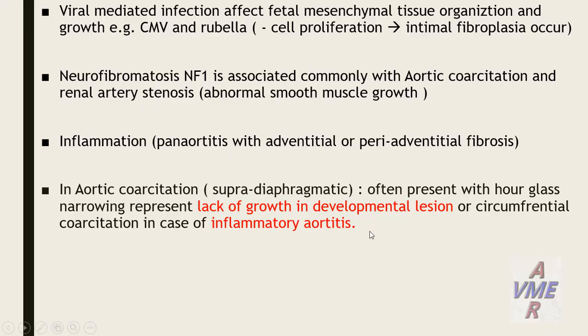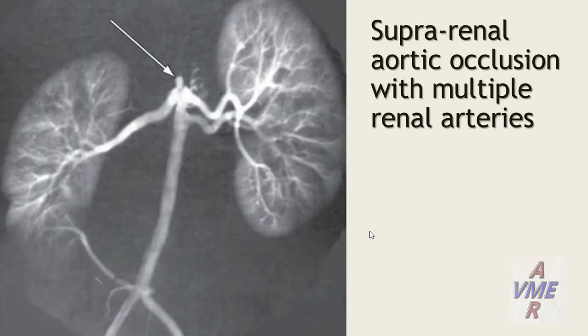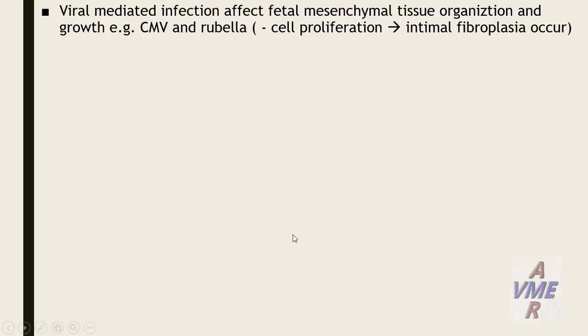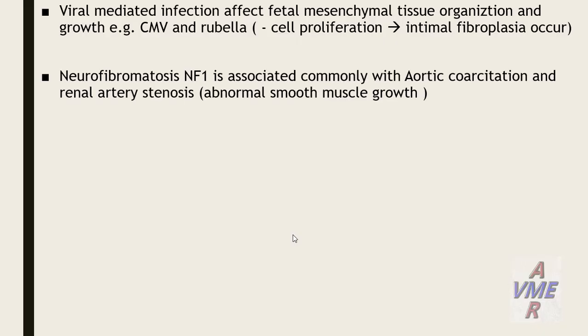So the etiology and embryology of mid-aortic syndrome are the following. The first is overfusion of the two dorsal aortas. Second, failure of fusion with obliteration of one and persistence of the other, hypoplastic. We have only a single lumbar artery. We have associated multiple or accessory renal arteries. We have viral-mediated infection affecting mesenchymal tissue organization and growth.